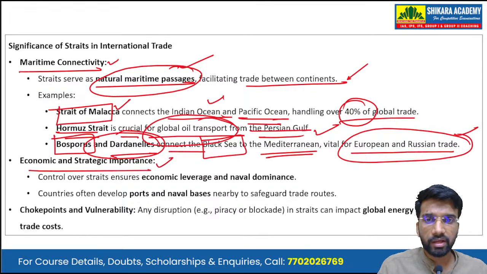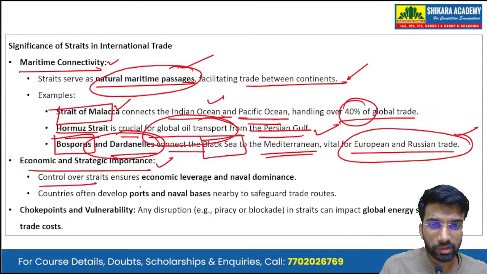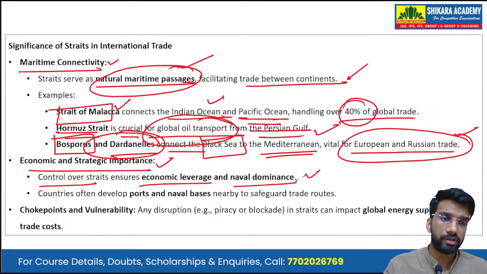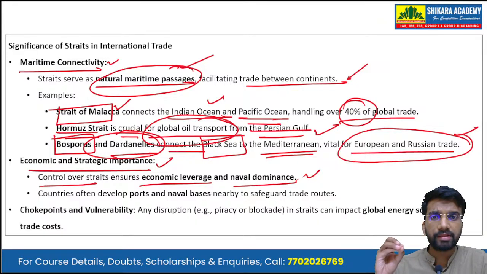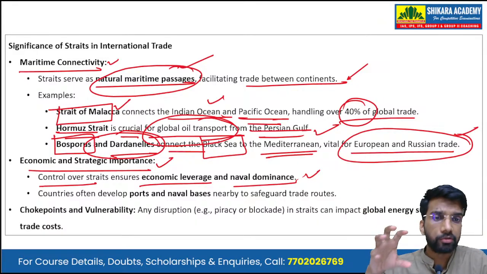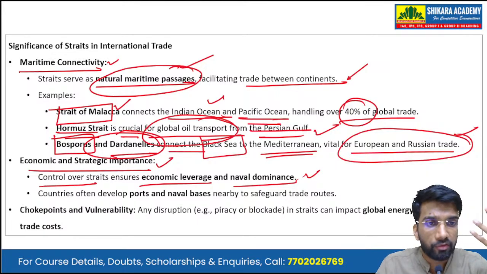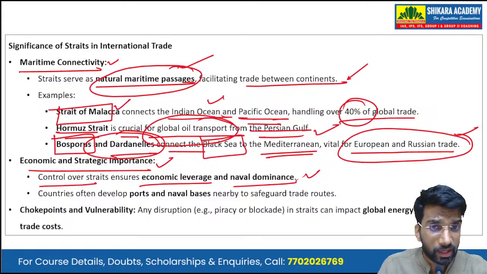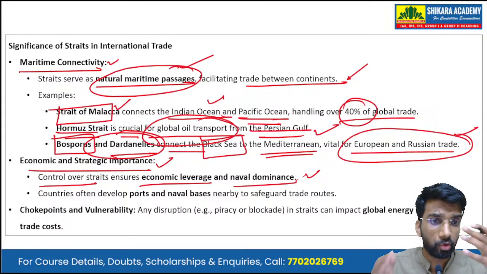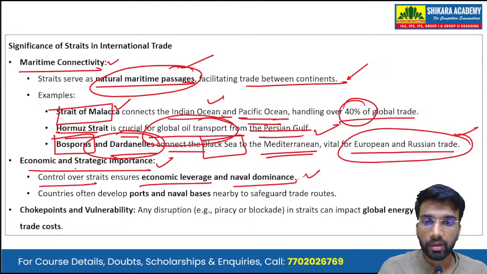Then their economic and strategic importance. Control over the straits ensures economic leverage and naval dominance. For example, if the navy of a particular country has control over the Strait of Malacca, it can use its economic leverage because 40% of the global trade is passing through that strait.